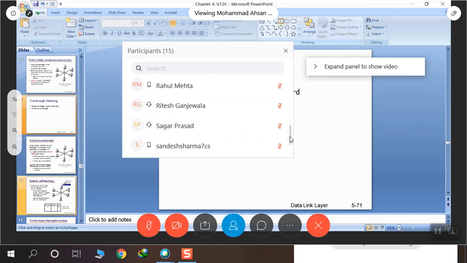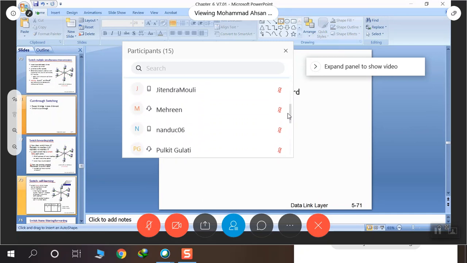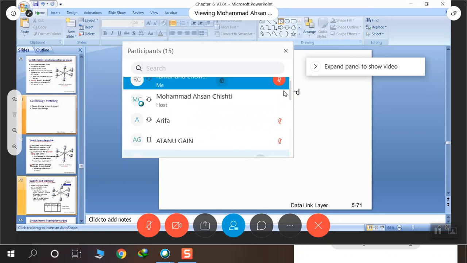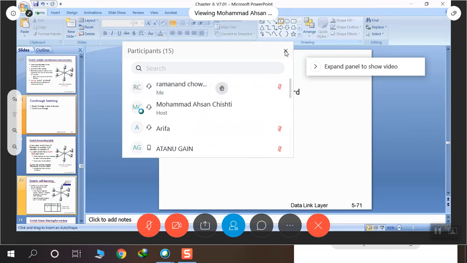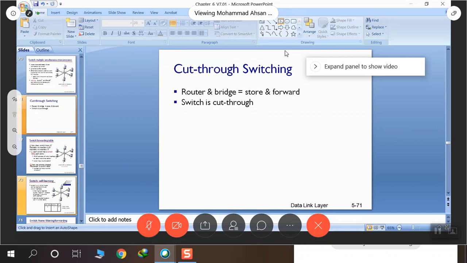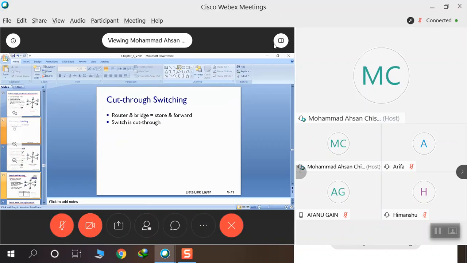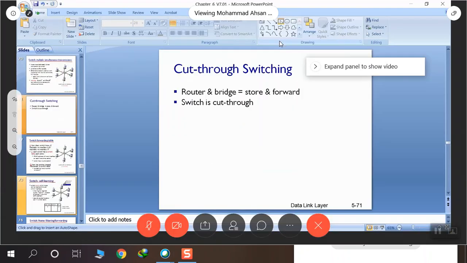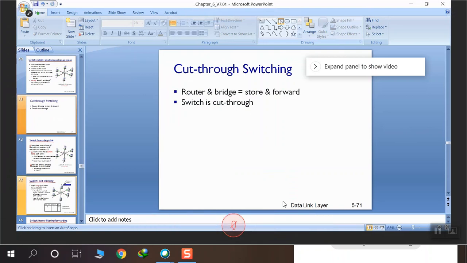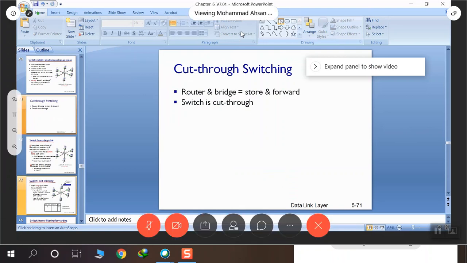It has several interfaces like this one and this one. Now what happens here in cut-through switching is an interesting concept: a packet is being forwarded from one direction to another.